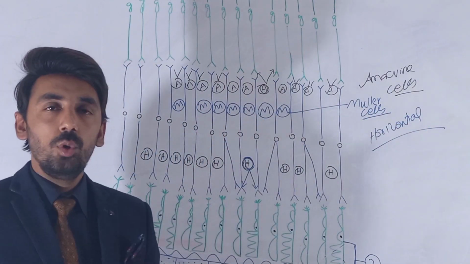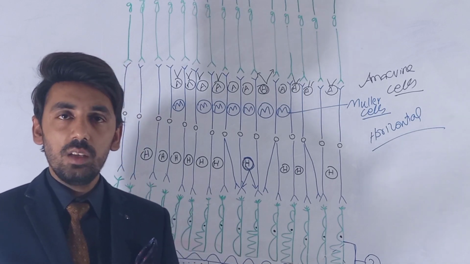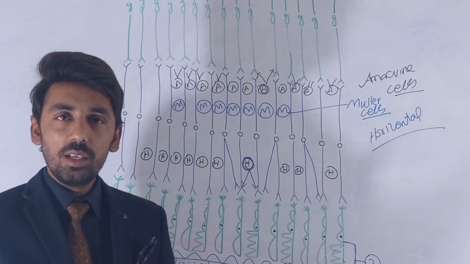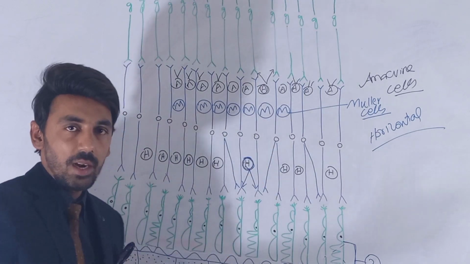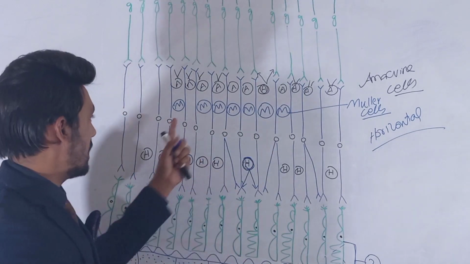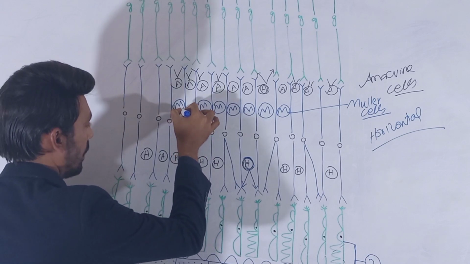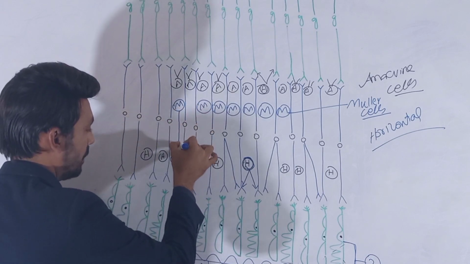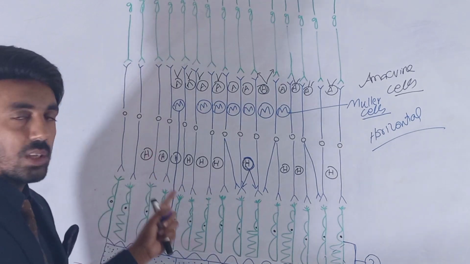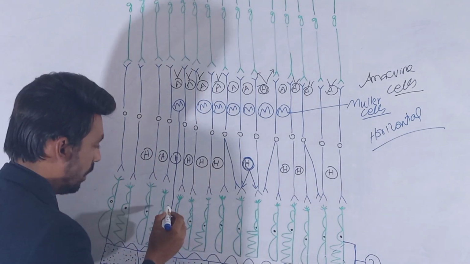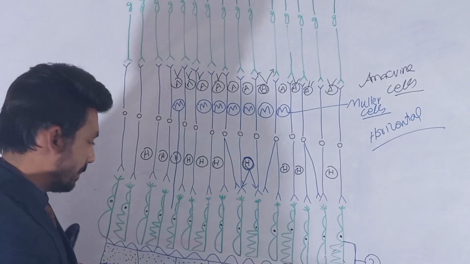These Muller cells have two different ends. One end is the outer end and the other one is the inner end. The outer end of these Muller cells will approach the photoreceptor cells.